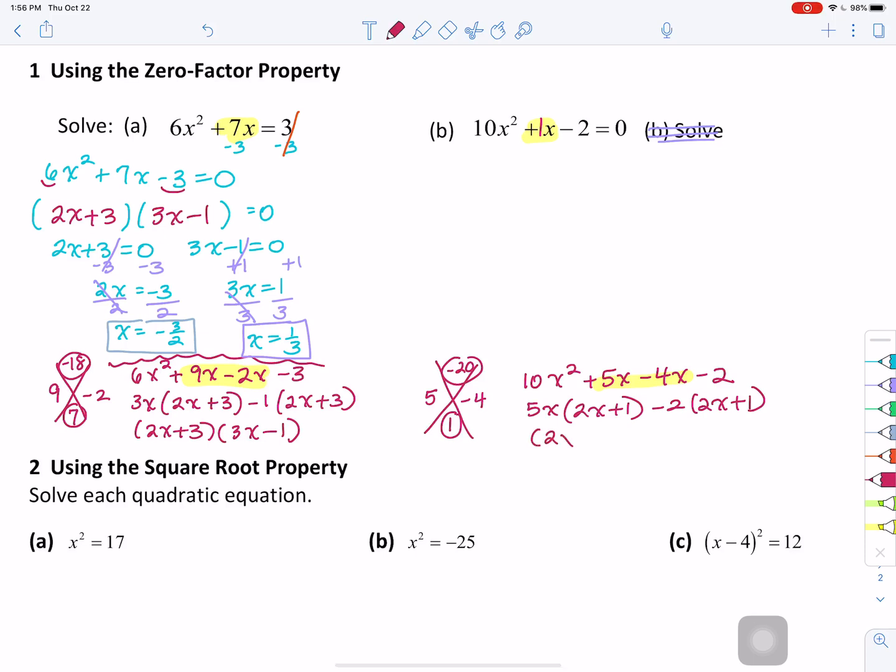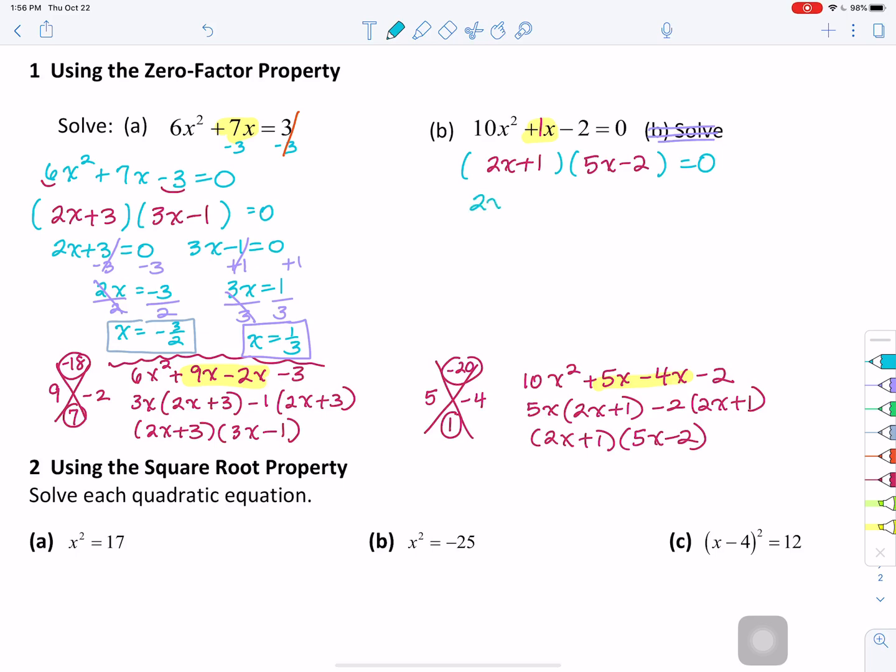Okay, so now we have 2x plus 1 multiplied by 5x minus 2. So we're going to go up here and write, why don't I go ahead and make that shell again? That's kind of nice. And then fill in what I found down here, 2x plus 1 multiplied by 5x minus 2. Okay, and we'll go ahead and solve that.